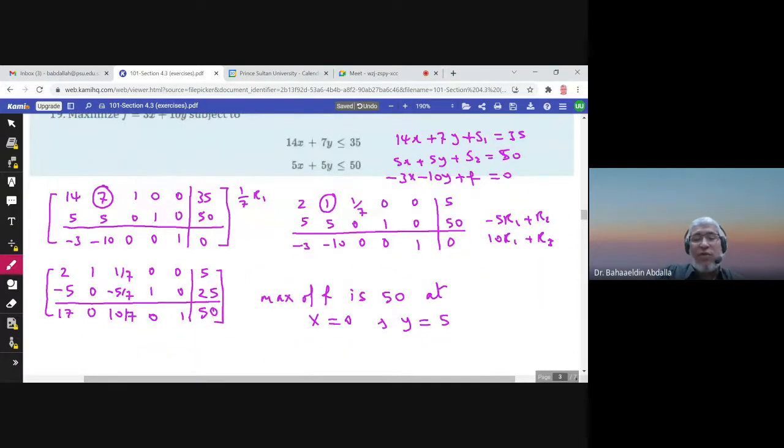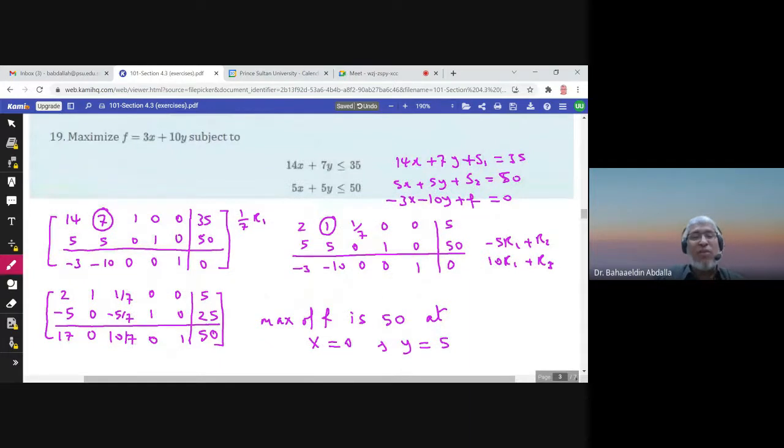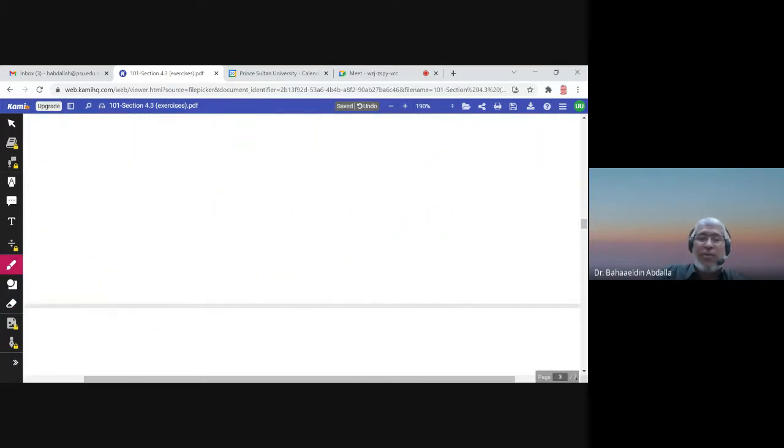If you want to give them, it's okay. To check my answer, if I put y equals 5 here in the objective function, I should get f equals 50 and x equals 0. And that's correct. 0 plus 50 is 50. So actually, this is a corner point. And this is the answer of the problem.